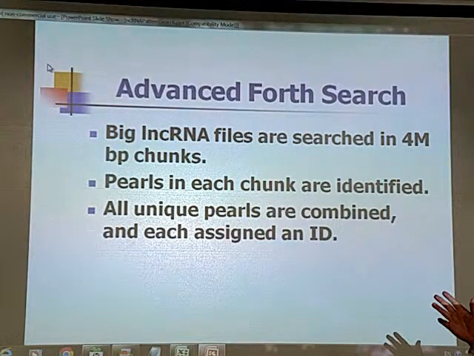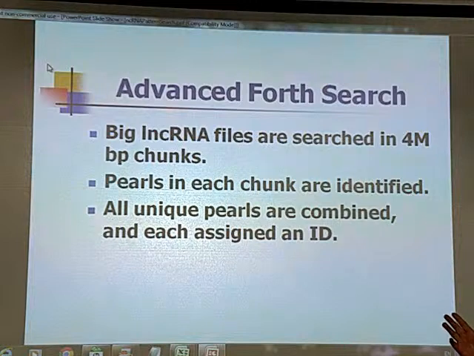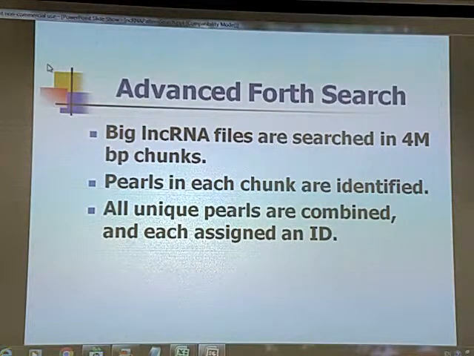The DNA file and the long non-coding RNA file are still big, and I was able to break them up in 4 million base pair chunks because I really cannot search a file when it's much bigger than 4 million bytes. So when I have a file bigger than 4 million pairs, I just search 4 million pairs in chunks and then combine the results afterwards.